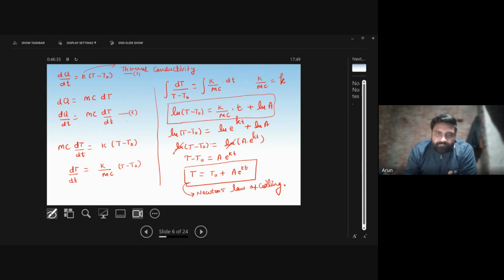So this is also considered to be the Newton's law of cooling. Got it? So these two equations that we have, you can see directly here: to cool from temperature T to T naught, what time it should take, you can calculate directly from here. Got it?